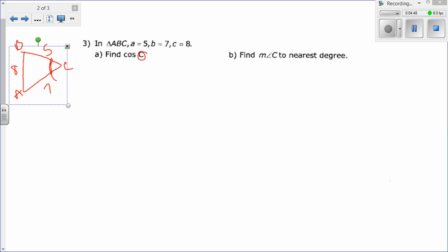I have to look at the angle and the side across from it, and that's where I'm going to start.